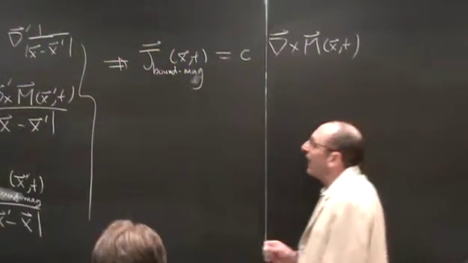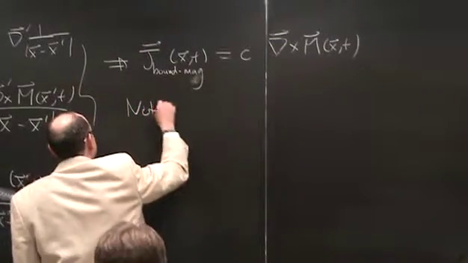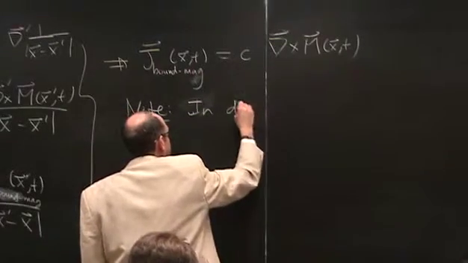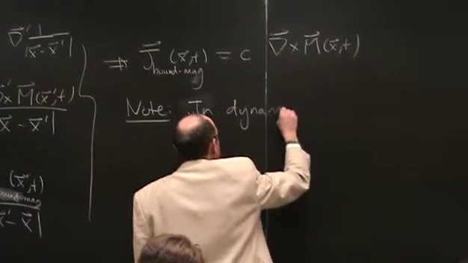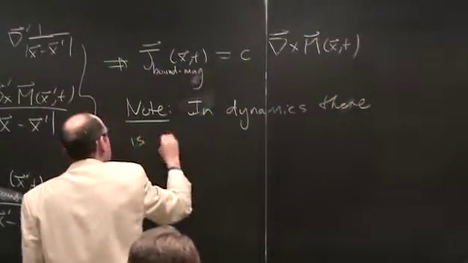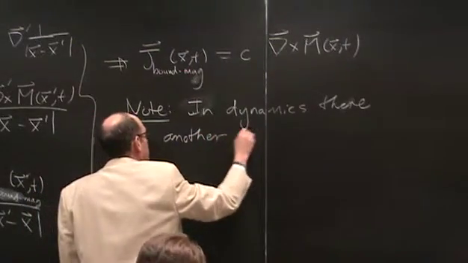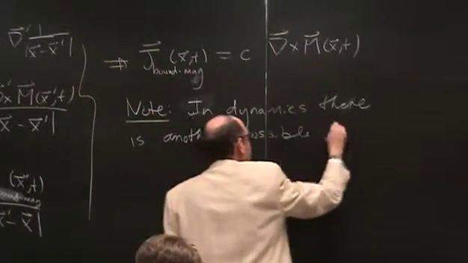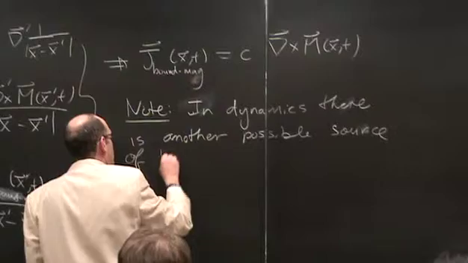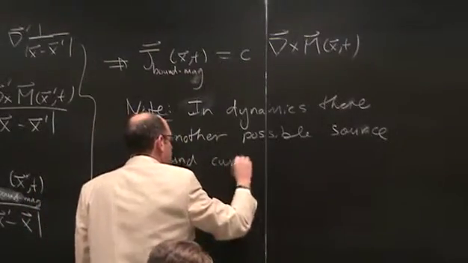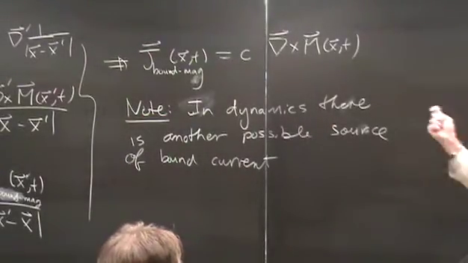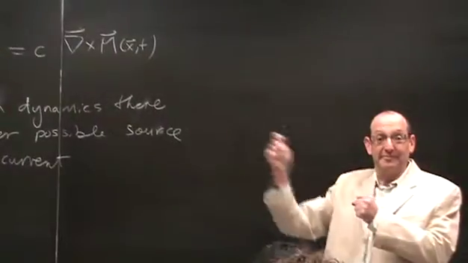Because the fact we should note in dynamics is that there is another possible source of bound current. And that is the fact that our bound charge can be moving around.